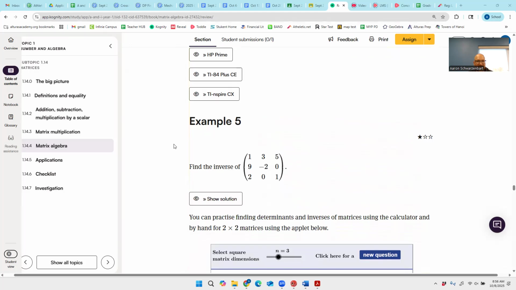Okay. Find the inverse of this. You are not to do that by hand. So you're going to put this into a calculator. I'm going to write it down so I can still see it when I switch to the calculator. Do I go to my matrix now? Yes, do your matrix button.